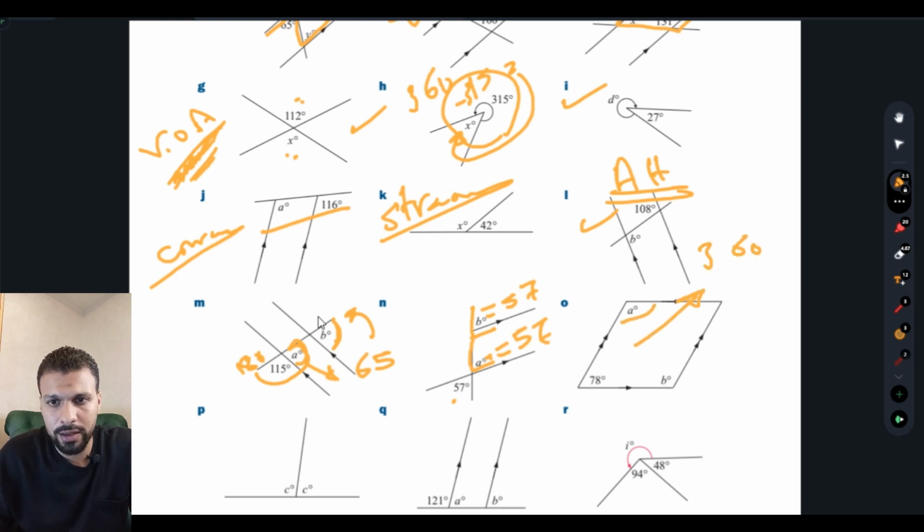And this angle and this angle are allied, so they equal 180. Then 180 minus 78: that gave me 0 minus 8 equals 2, and 7 minus 7 equals 0. Then 102. Then a equals 102, then b equals 102.